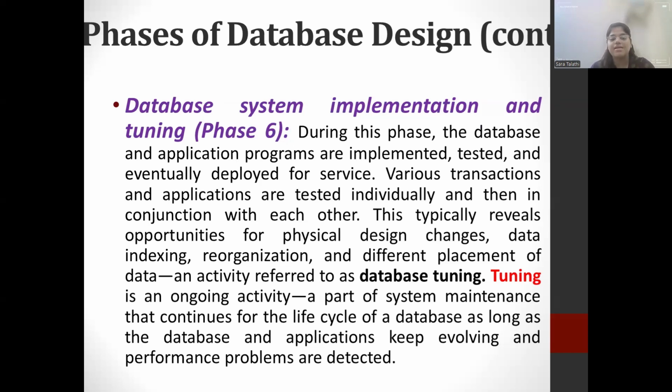This typically reveals opportunities for physical design changes, data indexing, reorganization, and different placements of data, an activity referred to as database tuning.